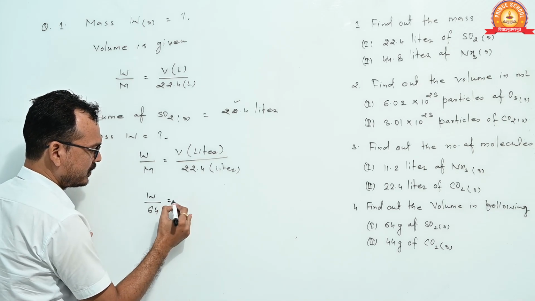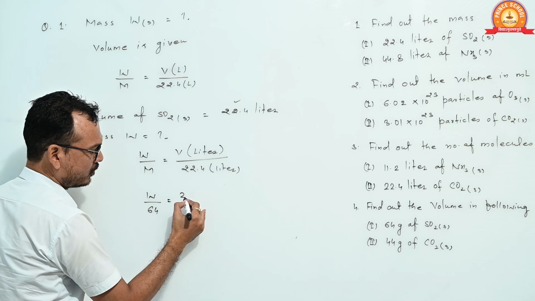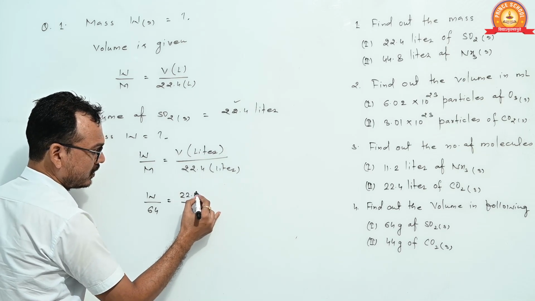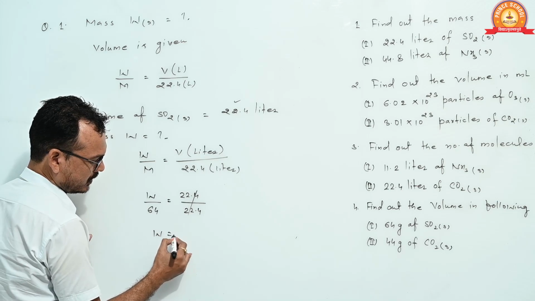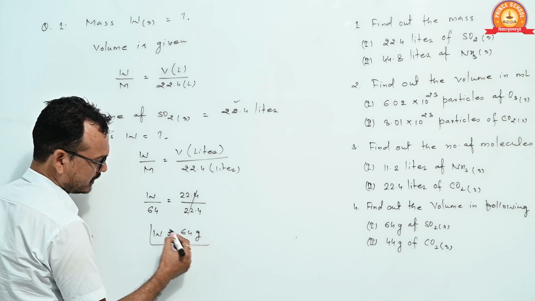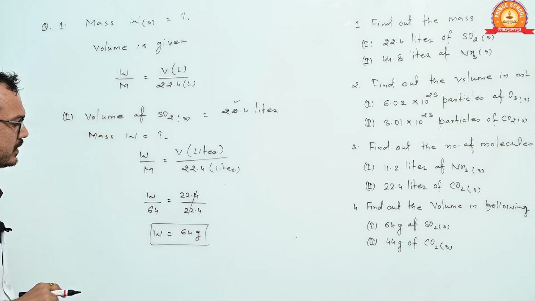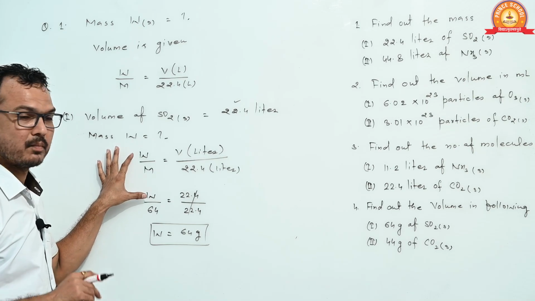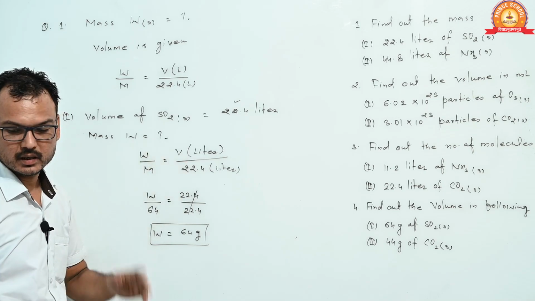No need of unit here. This is the volume 22.4, this is also 22.4, which cancel out each other, and it is 64 gram. Is that clear? This is the way by which you can easily calculate the mass by using the volume.